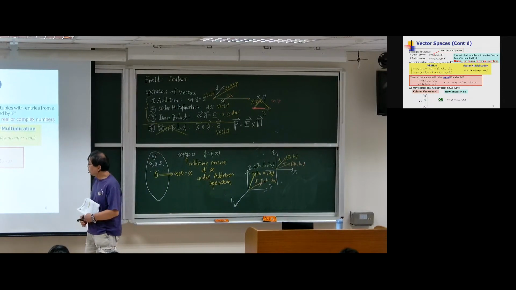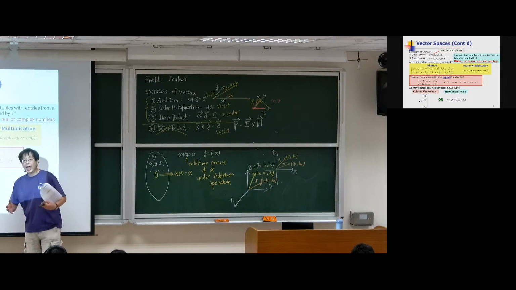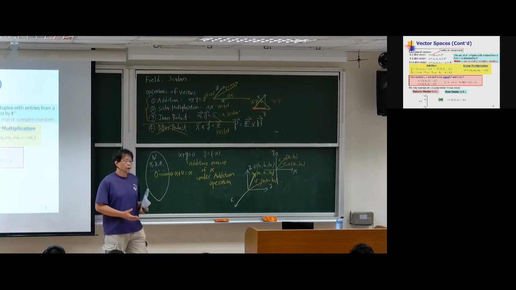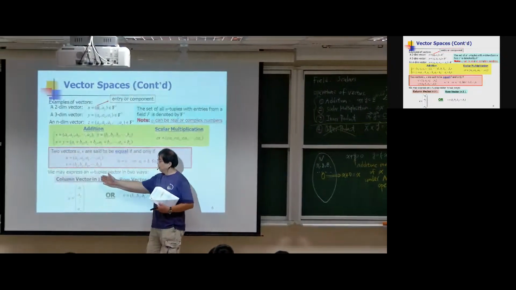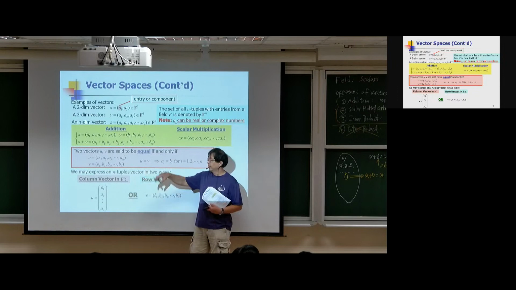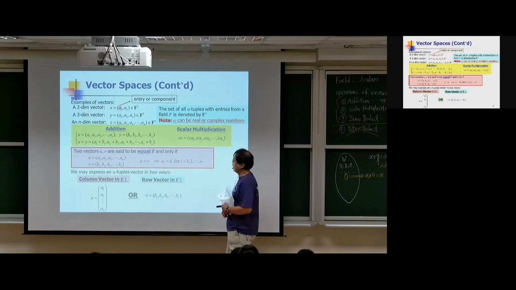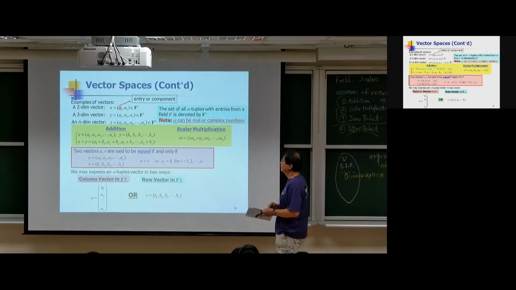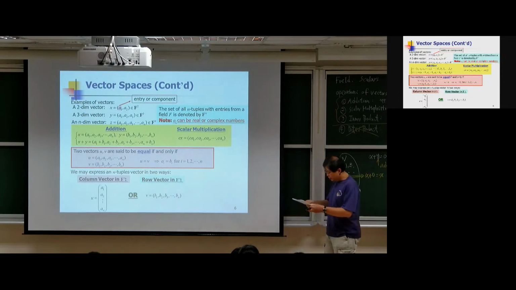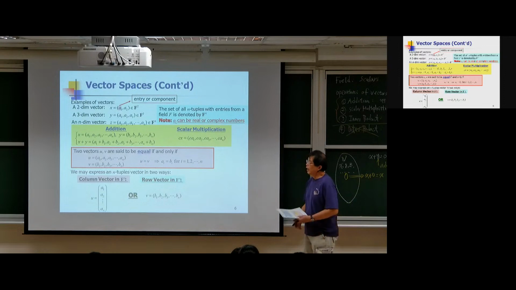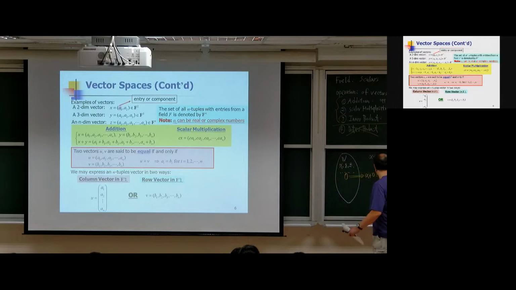Okay, so right now we have the conventional definition of vectors. The vector can be either a column vector, where we write the vector in the column format, or a row vector, where we write the vector in the horizontal format. So we have two definitions of vectors: one is the column vector and the other is the row vector.